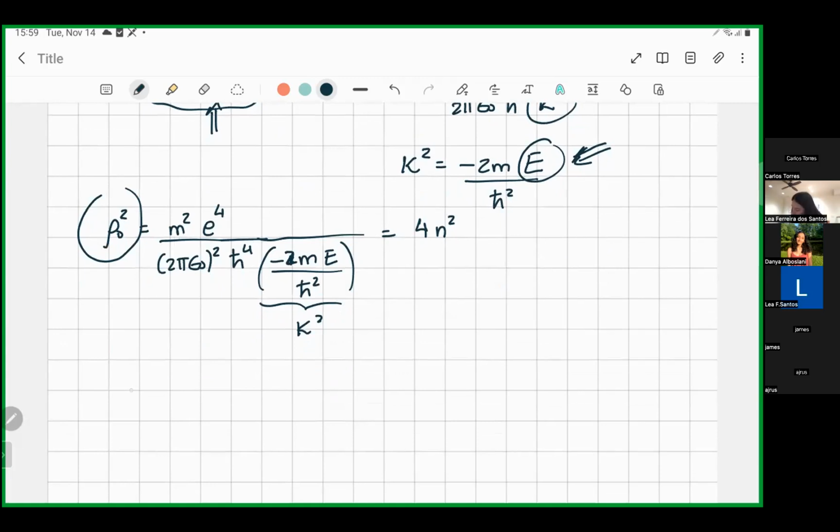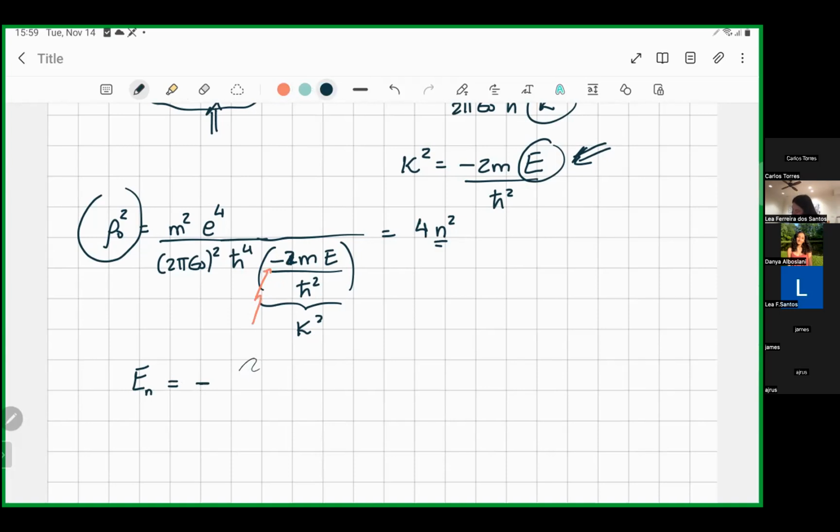All right. So this is an equation for you to play with. Rearrange things so then you can finally find an equation for the energy. And it's an equation for the energy which I'm going to put with the index little n, because we see that it depends on n. This is equal to, there is a minus sign there, and then comes a whole bunch of constants.